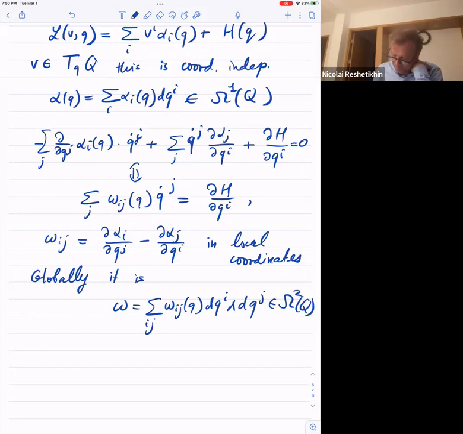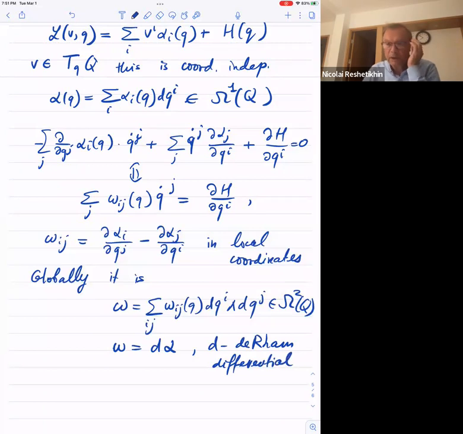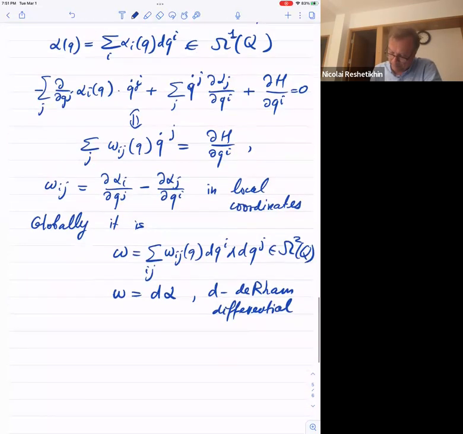And you can write this differential form as d alpha, where d is the de Rham differential. So I hope that everyone is familiar with these notions: de Rham differentials, smooth manifolds, and so on. Okay.